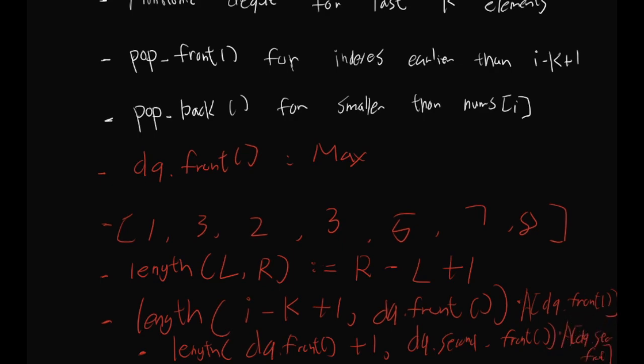But we don't have to actually iterate over the whole DQ because that would take too much time. You can see a pattern here: except for the very first element, which is the maximum, all the other elements on the DQ appear exactly from dq.front plus 1 all the way to the current index that we are pushing. So we just need to do some trick to reserve that while pushing elements on the back.